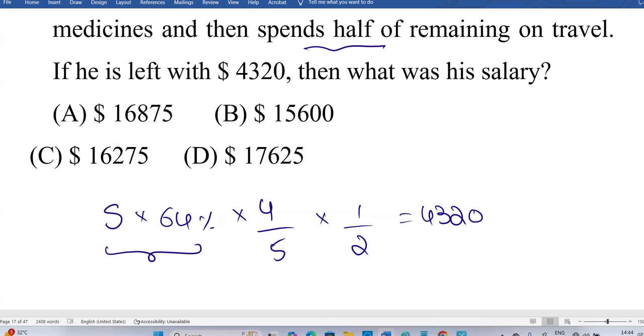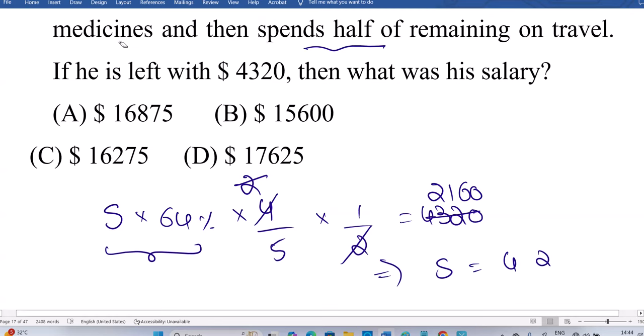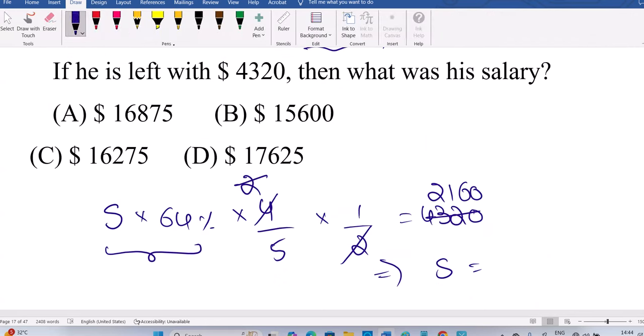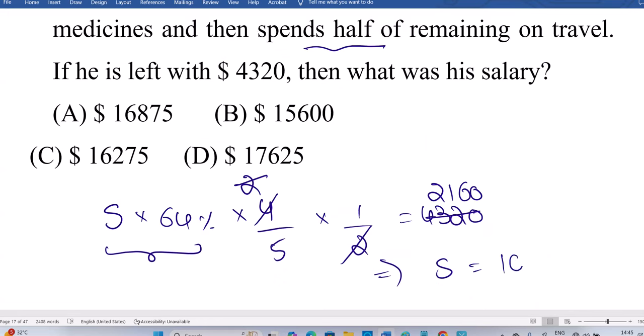I believe the answer is 16,875. If I am not wrong, I had to check once, but still fine. Let's see the calculations. Salary is 4,320; in fact, we can divide by 2. This is 2160 into 5 divided by 0.64. 2160 into 5 is 10800, divided by 0.64.